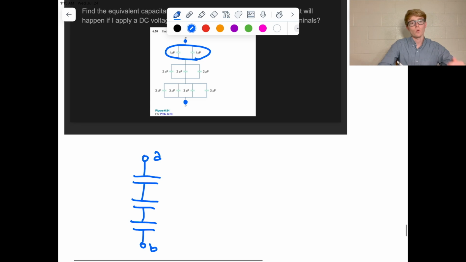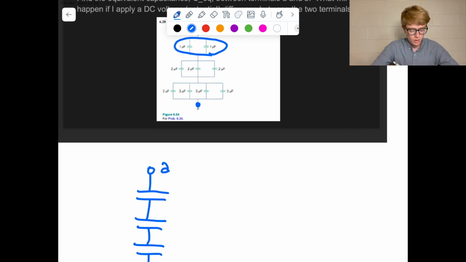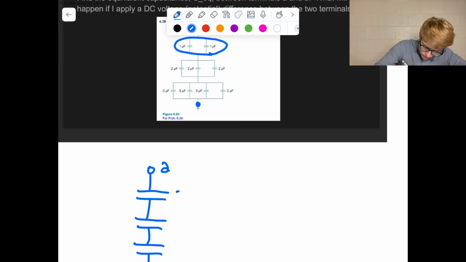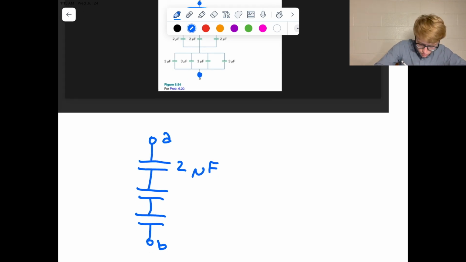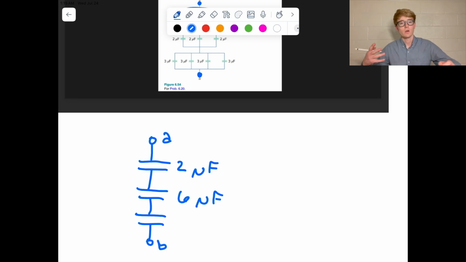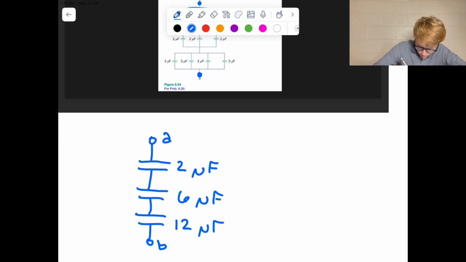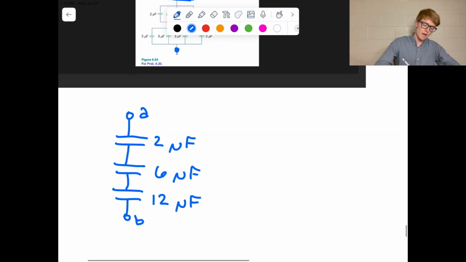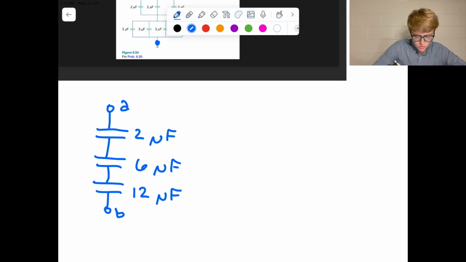So now we just add. So 1 microfarad plus 1 microfarad is 2 microfarads, and then 2 plus 2 plus 2 is going to be 6 microfarads, and then we've got 3 microfarad capacitors, which is going to add up to 12 microfarads. Okay? So now these ones are in series now. So now we just use our series equation.